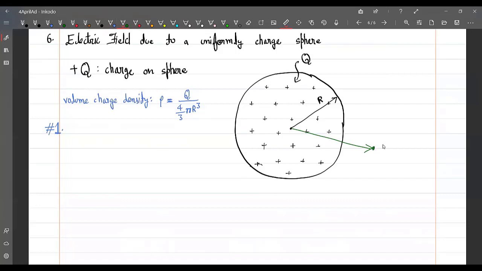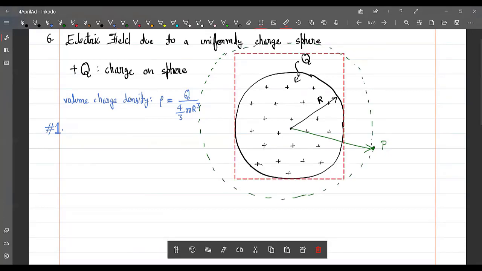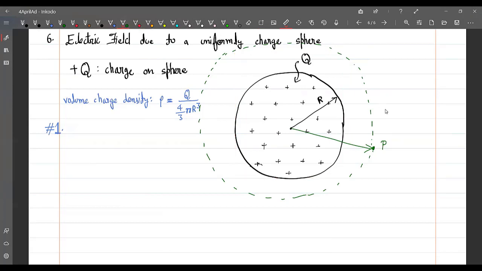Let us say at this point, call it P. To find the electric field, you'll draw a Gaussian surface which is outside the sphere. So the Gaussian surface is drawn which has a radius r. Again, I can take a very small surface area here, ds. The Gaussian surface is here, so you should take a ds vector here. This will be your ds vector. The surface is like this.